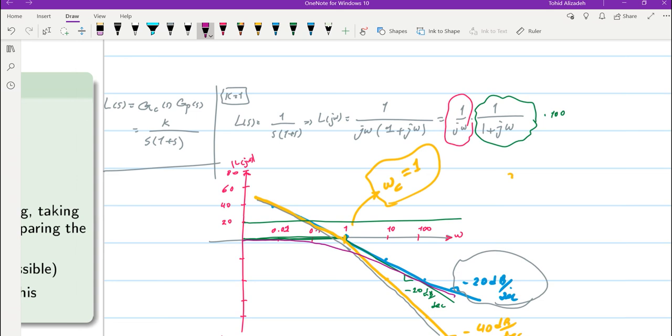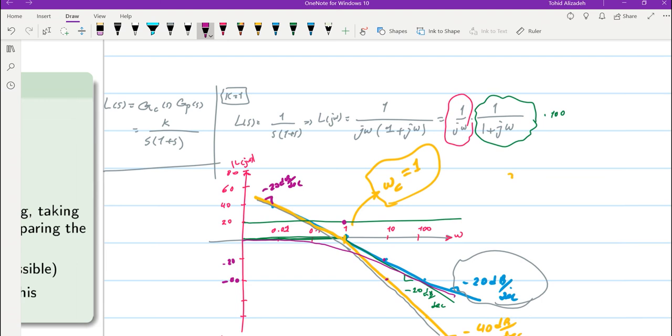As a result, at the frequency of 10 radian per second, instead of minus 40, we will have minus 20. At the frequency of 1, instead of 0, we will have 20 dB. So here we have minus 20 decibel per decade.